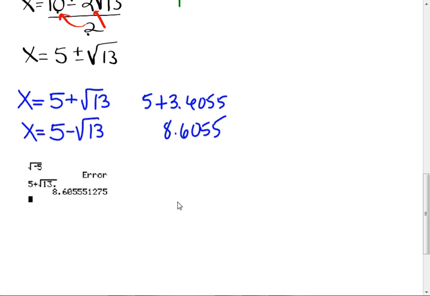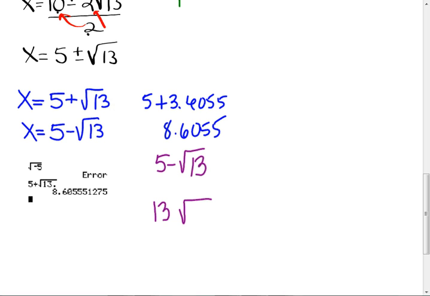Now, we're going to do this one: 5 minus the square root of 13. For those of you on 84s, I'm going to show you a shortcut. For those that are on your phone, you have to put in 13 first, then find the square root button. You have to hold your phone sideways.